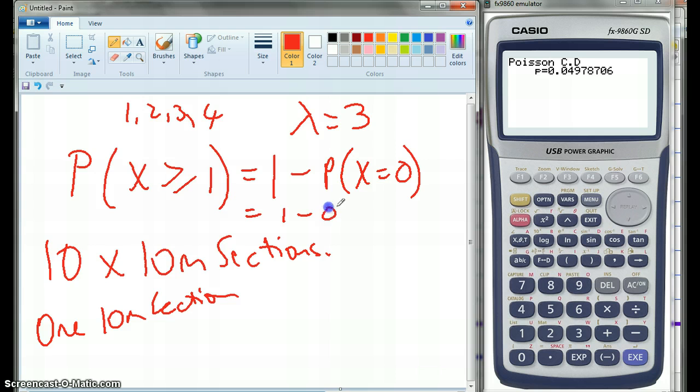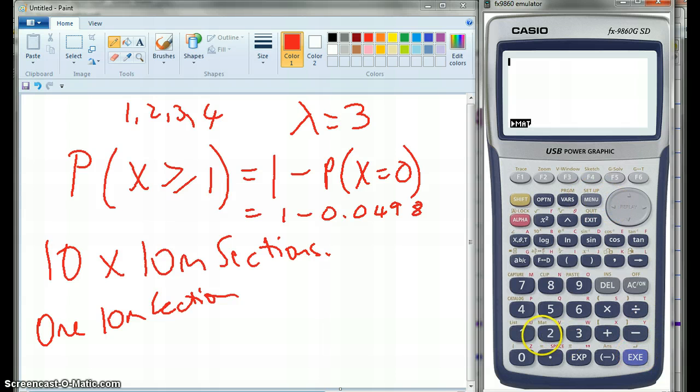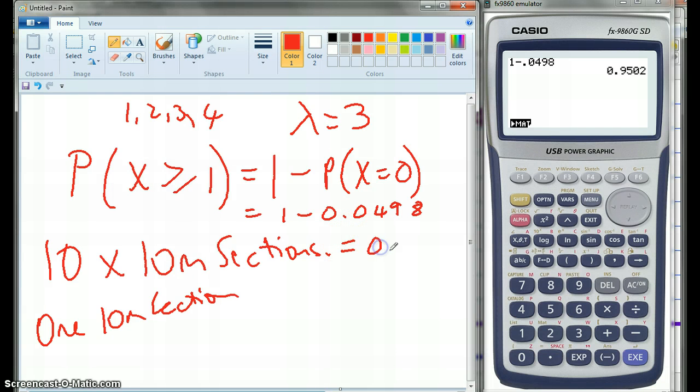So that is 1 minus 0.0498, and so we've got 0.9502.